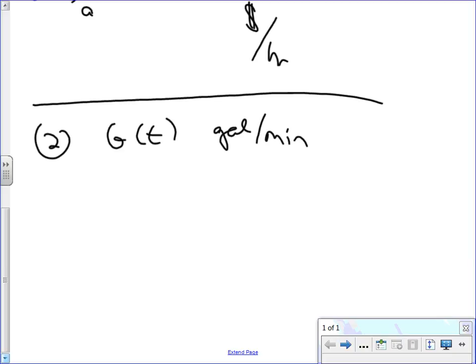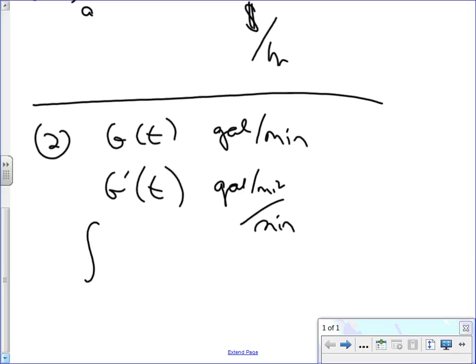Okay? So, what would G prime measure? Gallons per minute, per minute. The rate of change of the gallons per minute. Like turning the faucet on and then opening it up so it flows faster and closing it up so it flows slower. It's still flowing, but how it's flowing changes.